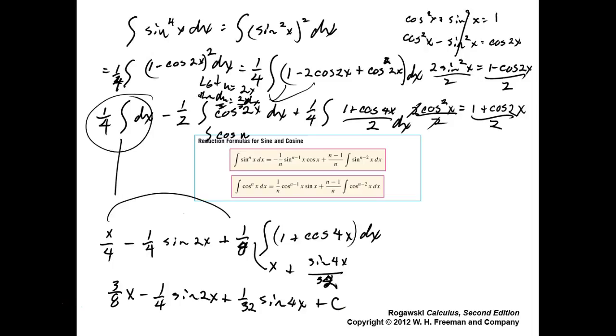I think what they may do in the book is factor out a 1/4. I don't know this for sure. So let's factor out the 1/4.